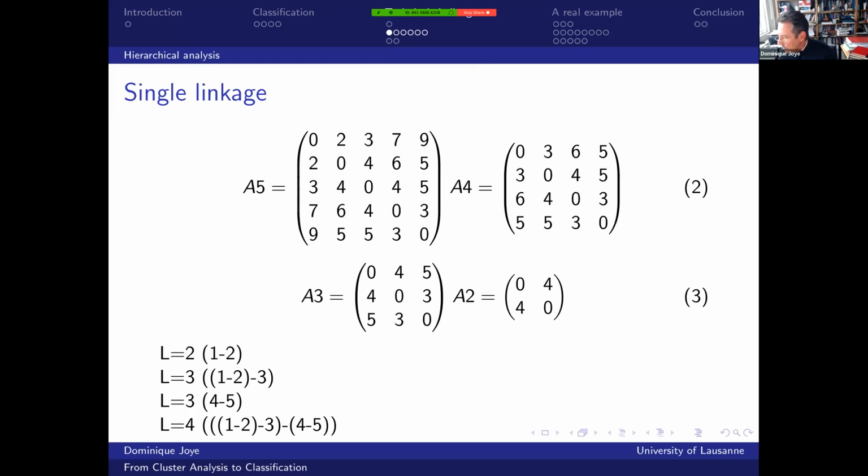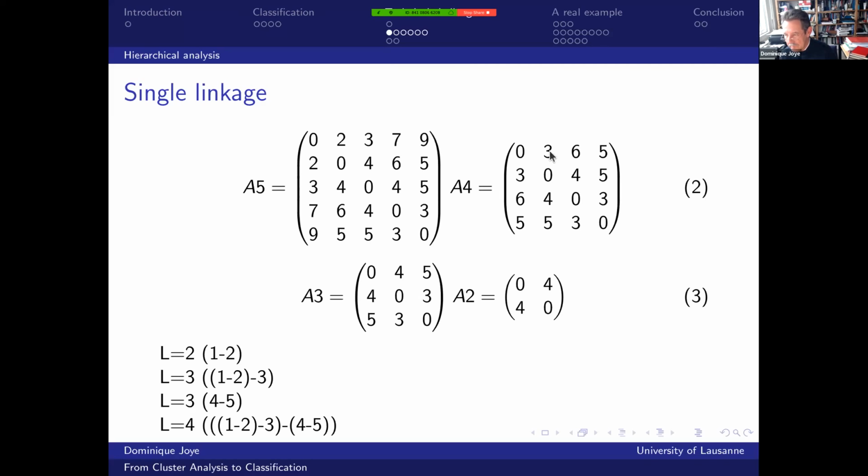So from 1 to 3, I have a distance of 3. For 2 to 3, I have a distance of 4. Which is the smallest of the 2? Oh, that's 3. So my distance from the new object 1, 2 to the old object 3 is 3.